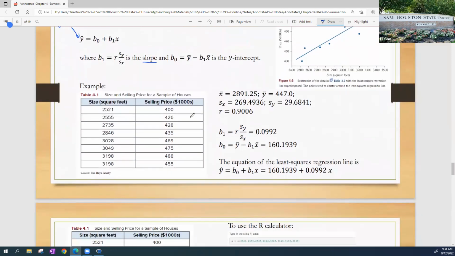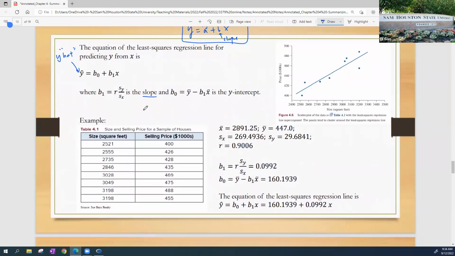Okay, and then still using this size and selling price example, we calculate the equation of the least squares regression line. Mainly we need to find b naught and b1. So we can calculate x bar and y bar, the sample standard deviation of x, and the sample standard deviation of y.